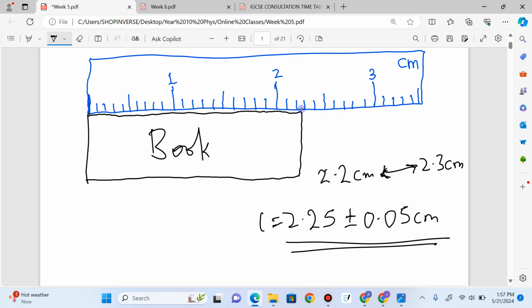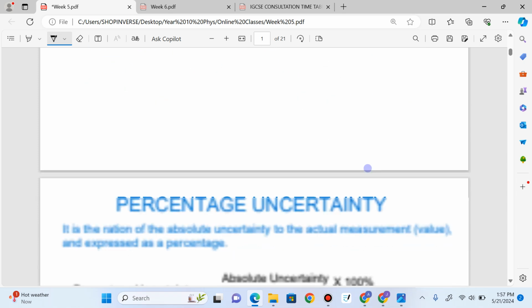So there is this tolerance of plus or minus 0.05. That means the lowest value you can have will be 2.2 and the highest value is 2.3. How did I get 2.2? 2.25 minus 0.05, I got 2.2. 2.25 plus 0.05, I got 2.3. So that's just the foundational concept.